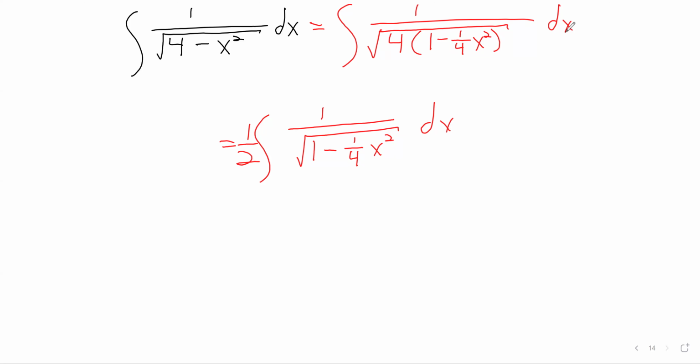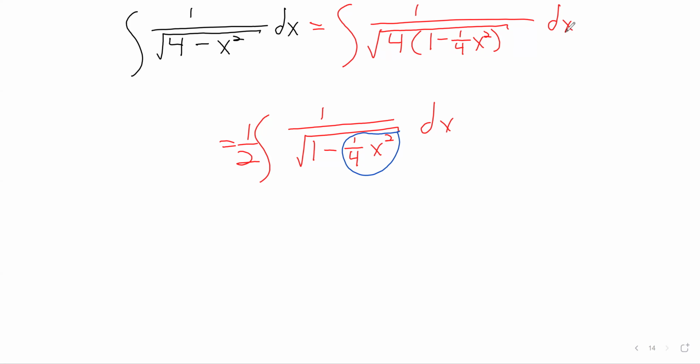Is that step clear to everybody? And then we say, all right, well, this isn't quite what we want, but it's not that bad. We're off by a constant, we're off by a 1/4.